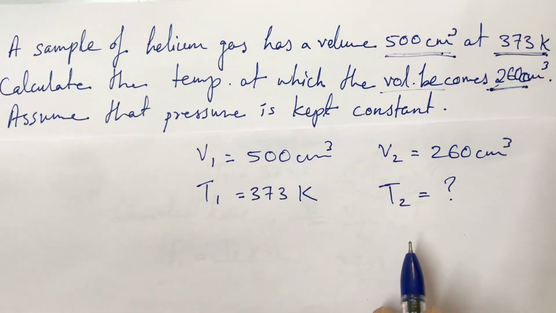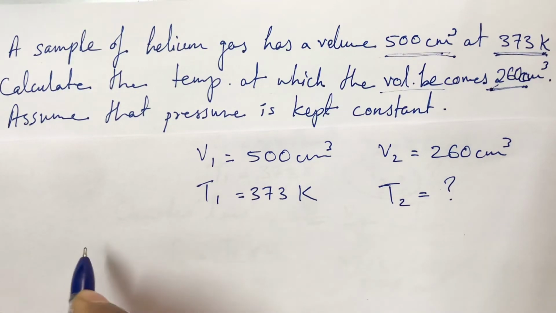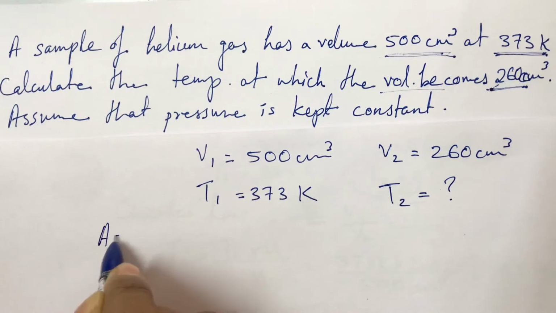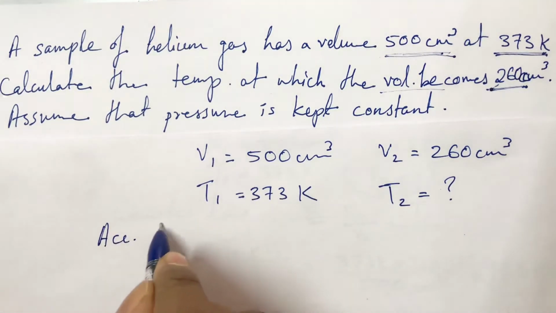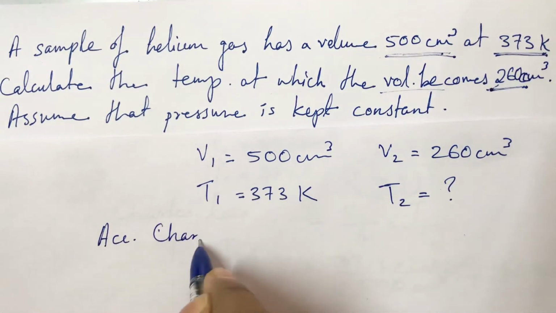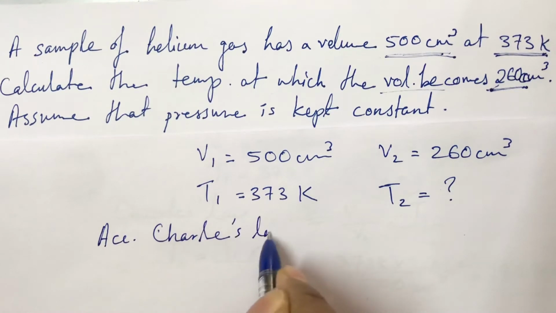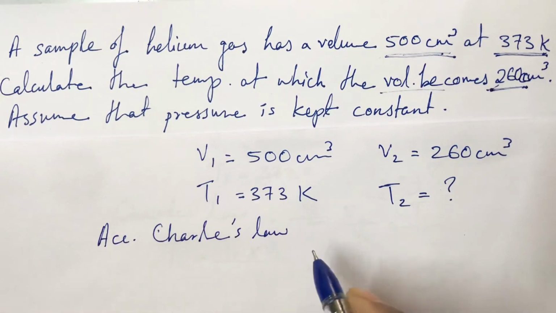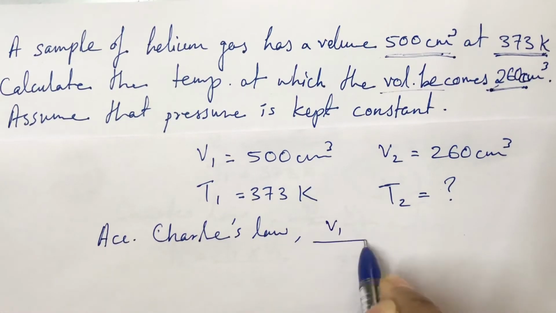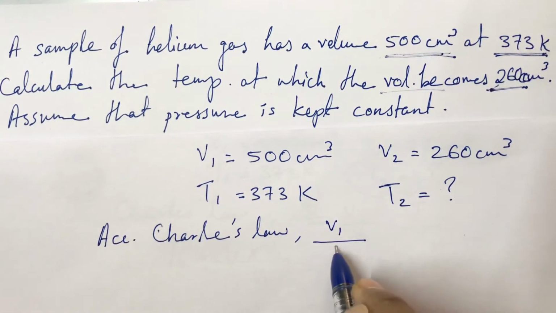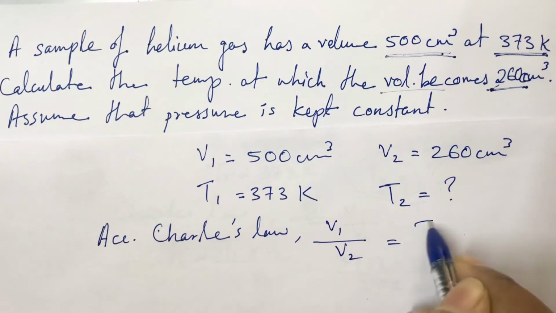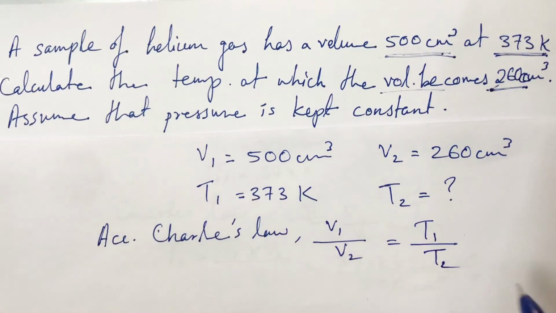For that we can apply Charles' law. Since the pressure of the gas is constant, according to Charles' law, we know that V1 by V2 is equal to T1 by T2, correct?